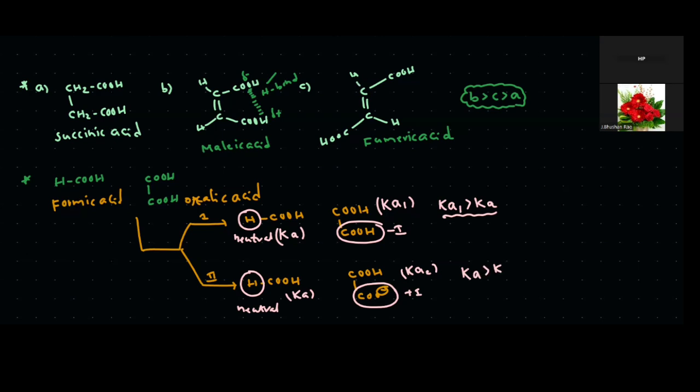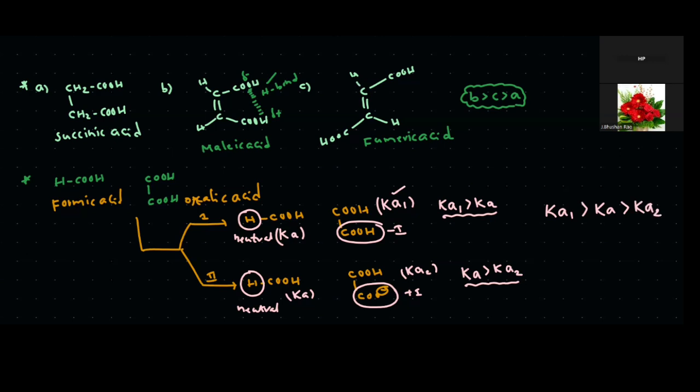So finally, what is the conclusion here? In the final conclusion, in these three given compounds, which one is always more acidic? Ka1 is always more acidic than Ka. Ka is more acidic than Ka2. This is the final answer.